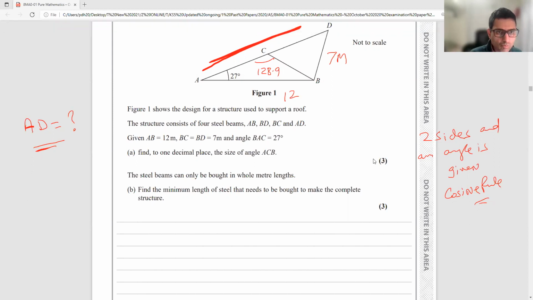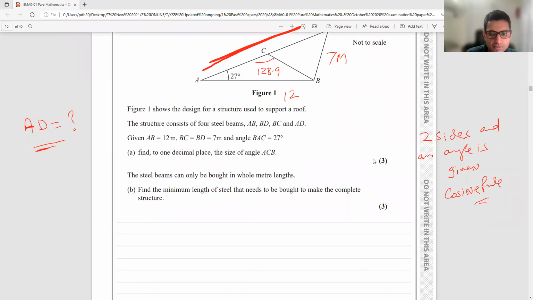I want to finish at least 2 more questions with you, 2 or 3 depending upon how they are. Krishna, may I ask you to double check your answer, please?